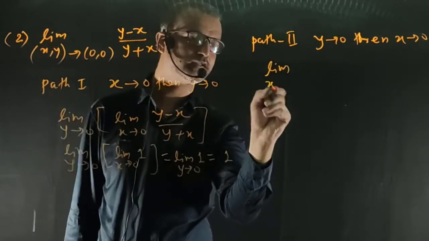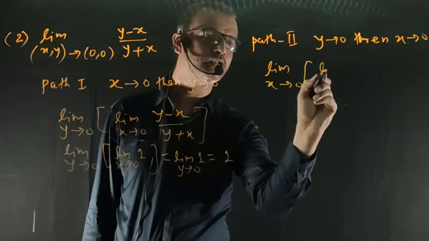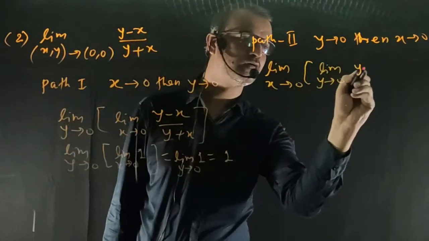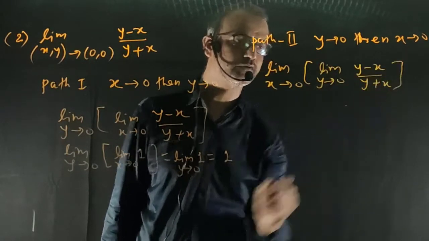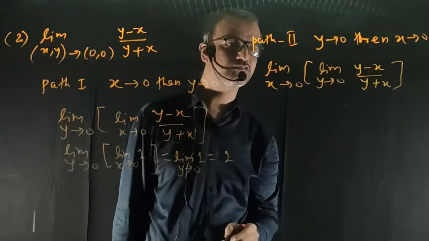So we will write it this way: limit x tends to 0, limit y tends to 0, and the function is (y minus x) over (y plus x). Now first of all we will find out the limit of this function as y tends to 0.